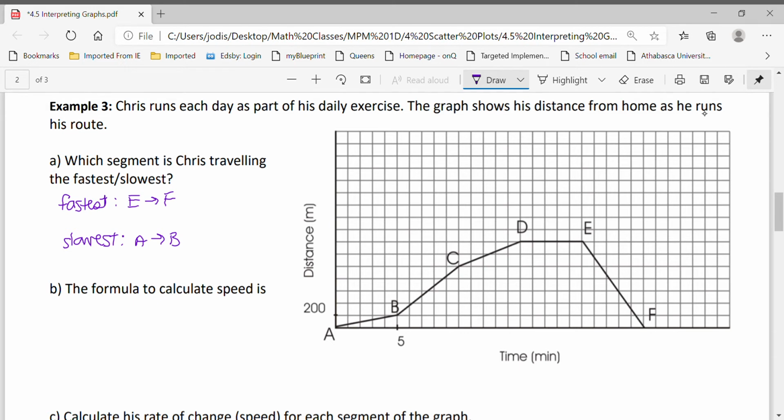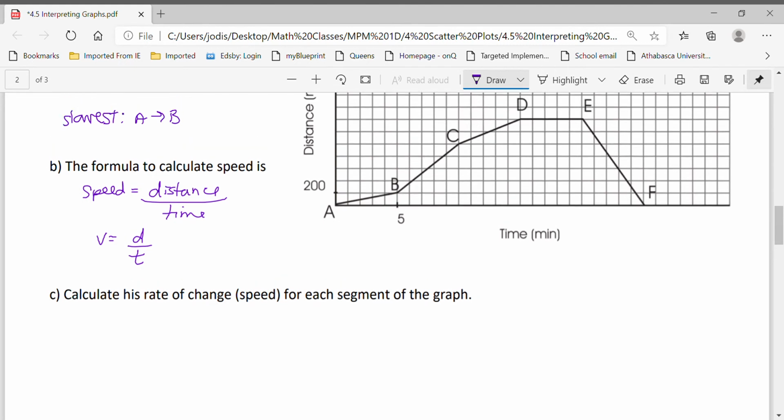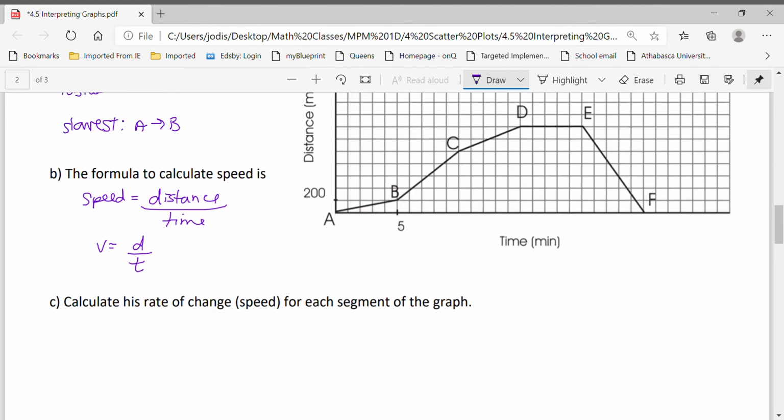And then part B, the formula to calculate speed. Recall here, speed equals distance over time, and we could short form that to V equals D over T. Next, we want to calculate his rate of change, or his speed, for each segment on the graph.